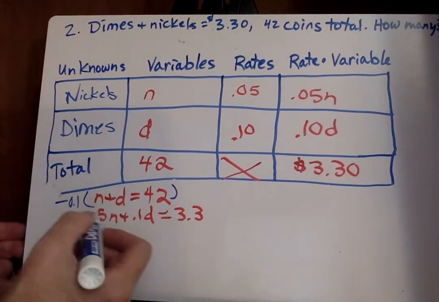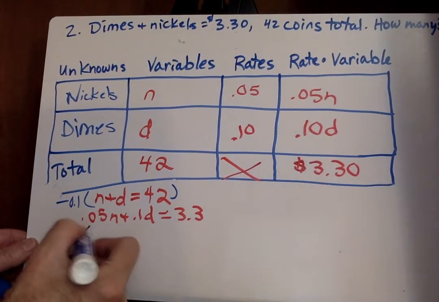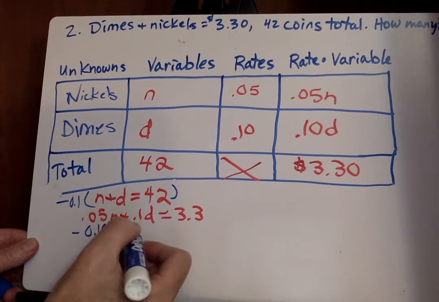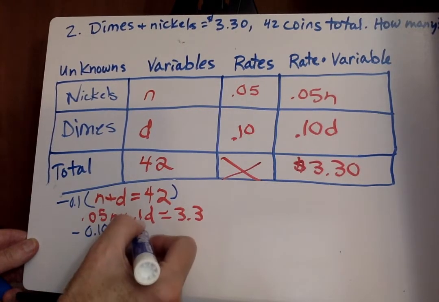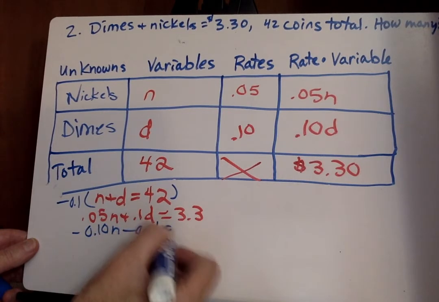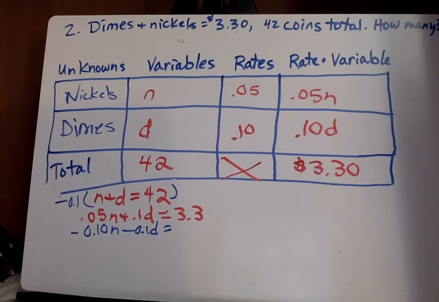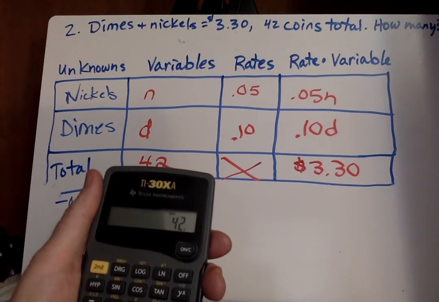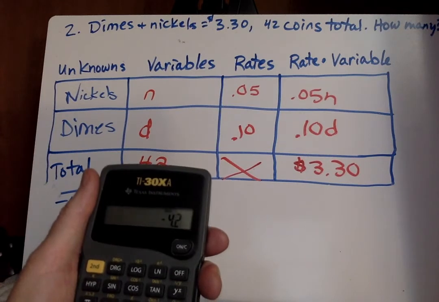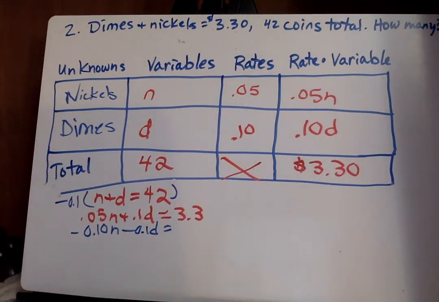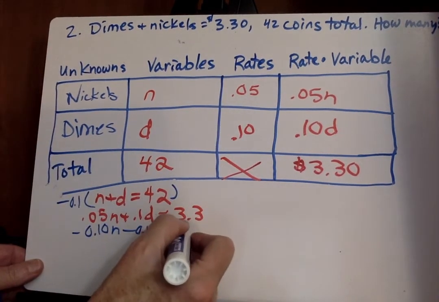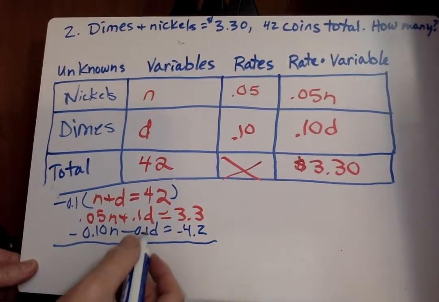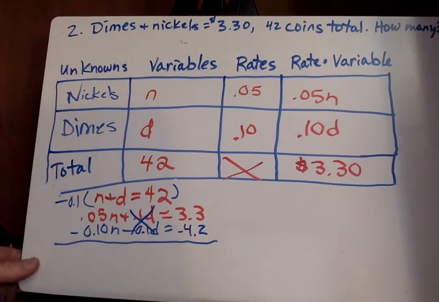So if I multiply that through, this will be negative 0.10 N minus 0.1 D equals, and I have to go 42 times negative 0.1. 42 times 0.1, make it negative, equals negative 4.2. Now I'm going to add these together knowing that my dimes are going to go away.